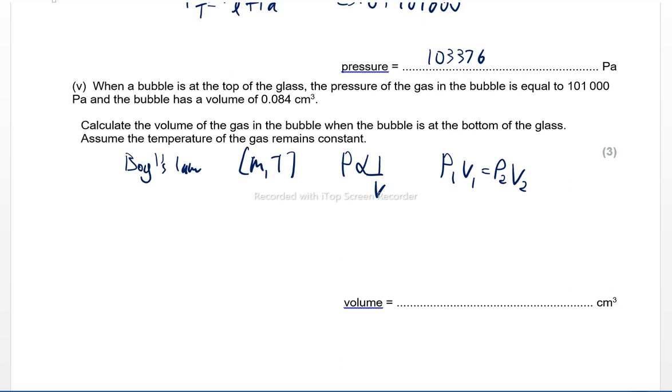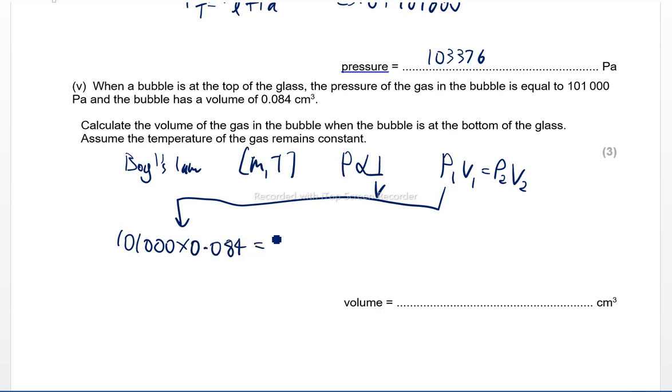Right. Substituting the equation. I'll get P1 as 101000, V1, the initial volume, 0.084, and P2, the pressure afterwards, is 103376.